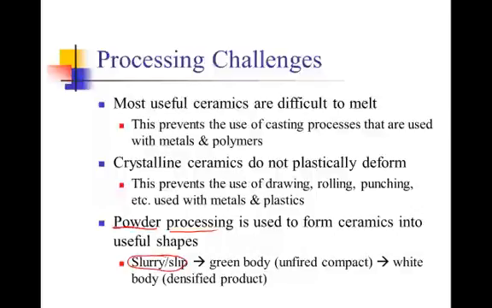And so that fragile object, after reshaping the slurry or slip, is called the green body. And then we fire that in the furnace and densify it as much as possible, and then it's called the white body after that. And the white body is the final ceramic product that we will use.